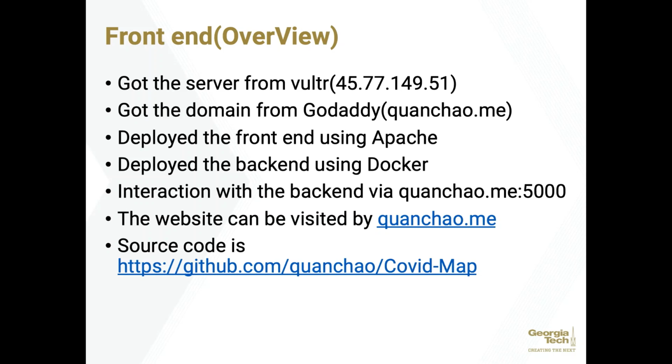For the back end, which uses TensorFlow and the Python Flask framework, I was able to build it using Docker. The communication between the front end and the back end was via the 5000 port in this server. Again, you can visit this website if you are interested. The source code is also pushed to my GitHub.